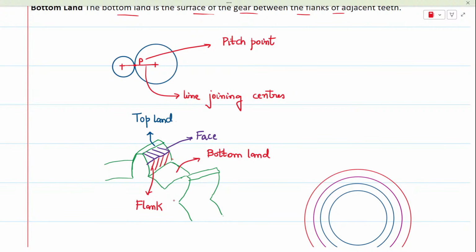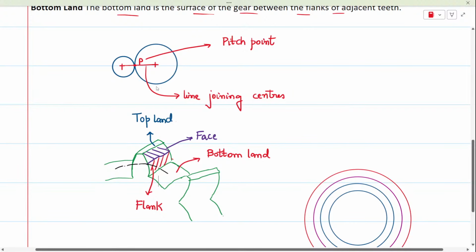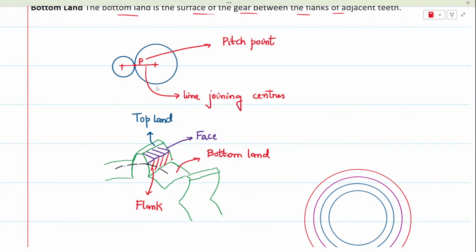How are the face and flank divided? Dear students, it's quite simple. It's the pitch circle that is going to be the border between these two parts. Based on the pitch circle location, you can segregate this into two different parts. Let me give you one more thing.